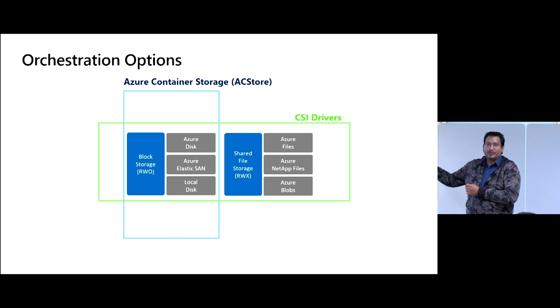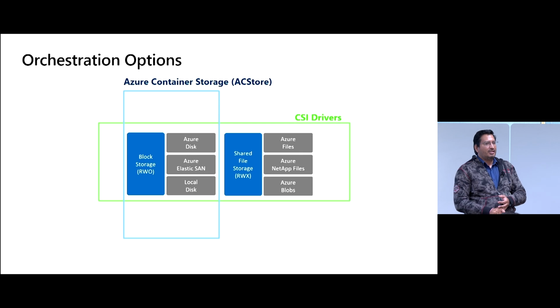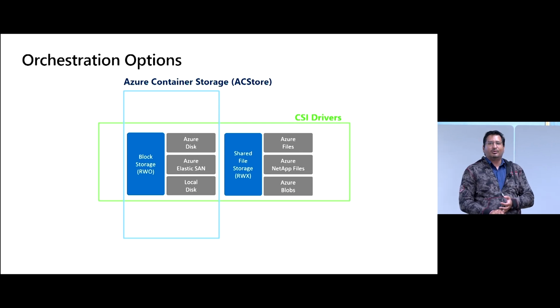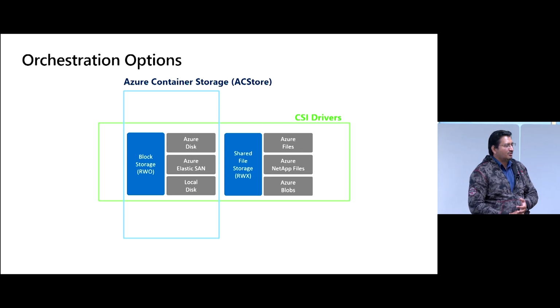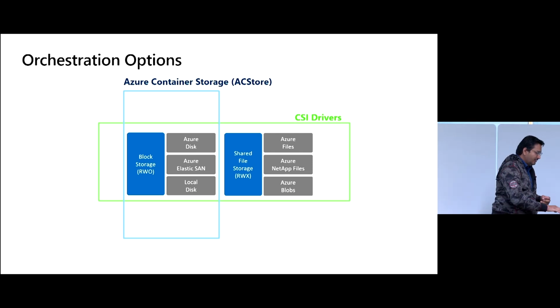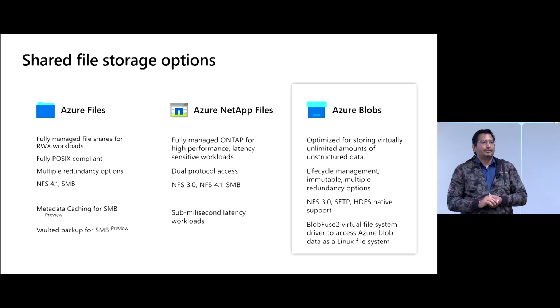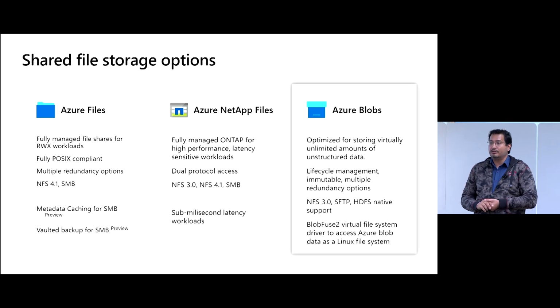So we've got three options for you: Azure Files, Azure NetApp Files, and if you have a requirement for very, very fast object storage, ridiculously fast object storage, you've got Azure Blob. Azure Files is an Azure managed file share. We offer SMB 3.11, 3.0, and NFS 4.1.